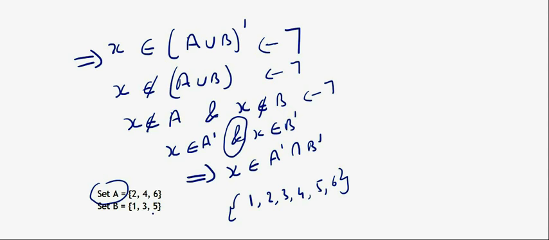From that we derived that it belongs to A complement, which is true, and that it belongs to B complement, which is also true, which tells me that X belongs to A complement intersection B complement.